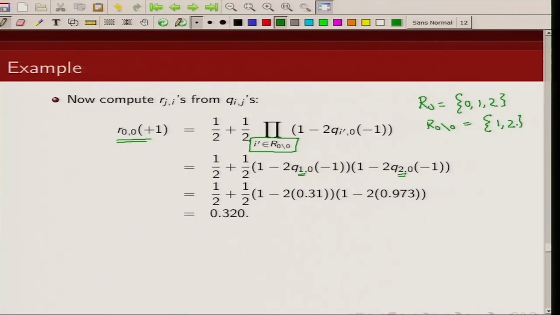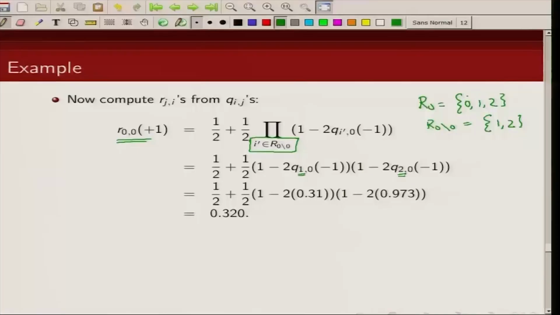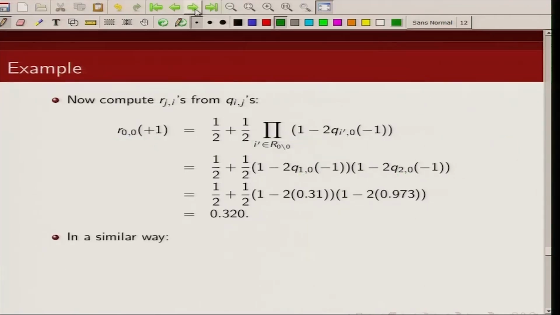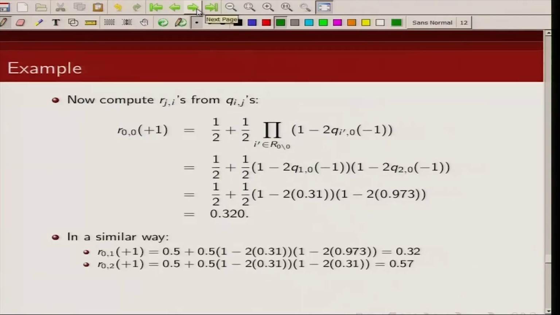So, in this product you will have two terms, one corresponding to Q10, the other corresponding to Q20, because in that 0th parity check equation, other than the 0th bit, the bits that are participating are bit number 1 and bit number 2. So, this is the probability that the parity check constraint is satisfied given Ci is 0. And similarly, we can calculate the other Rij's. I am not going into detail of that, it is just the same procedure repeated.